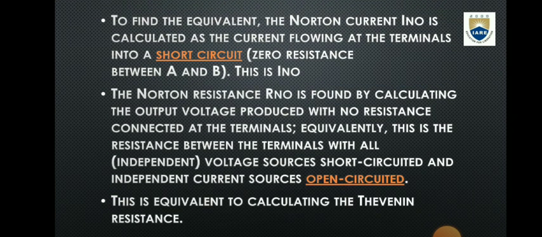To find the equivalent, the Norton current INO is calculated as the current flowing at the terminals into a short circuit, zero resistance between A and B. This is INO. The Norton resistance RNO is found by calculating the output voltage produced with no resistance connected at the terminals.